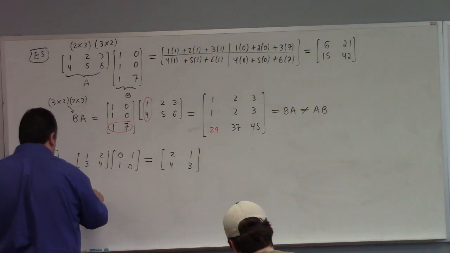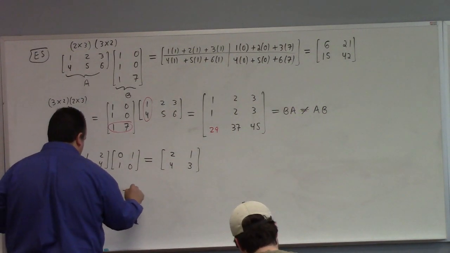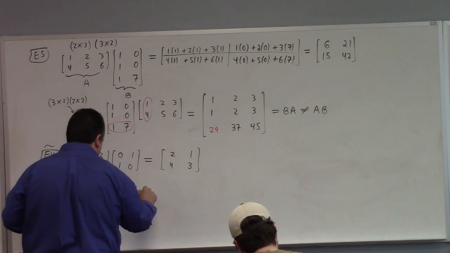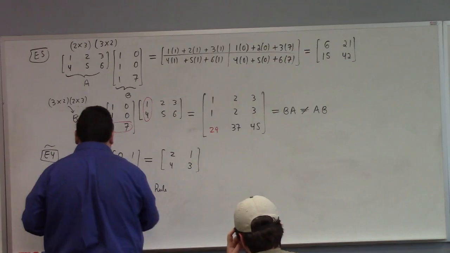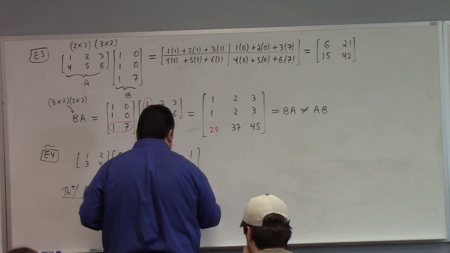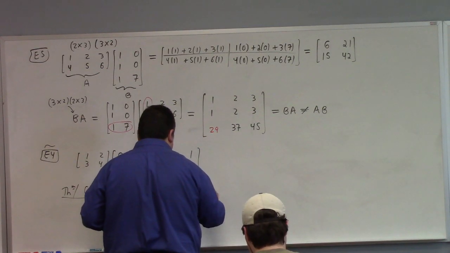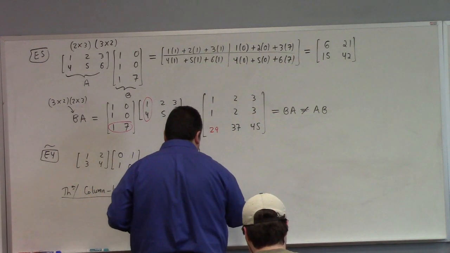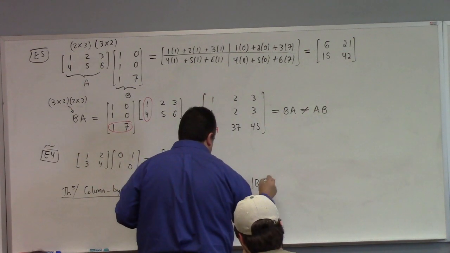The column by column rule. And here's how that goes. If we have A times B, and we write that as A times B1, B2, through Bp.